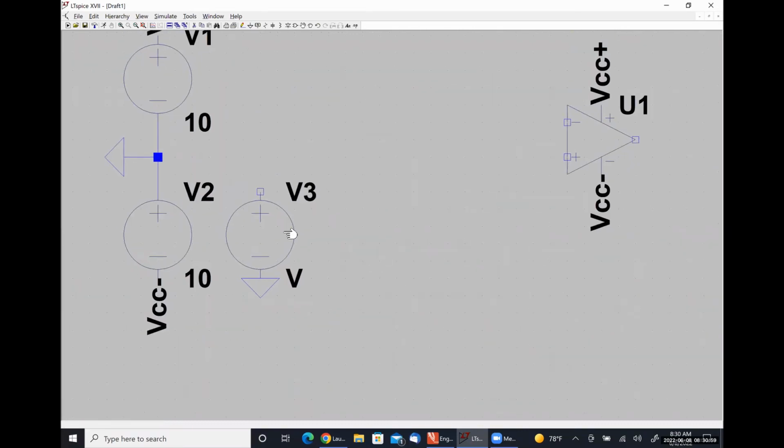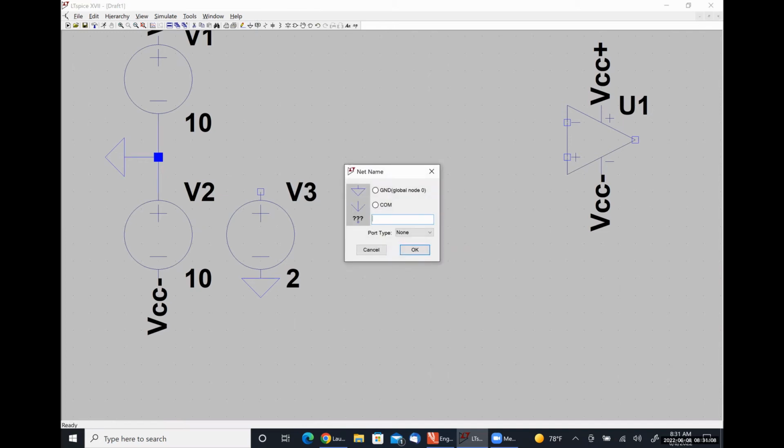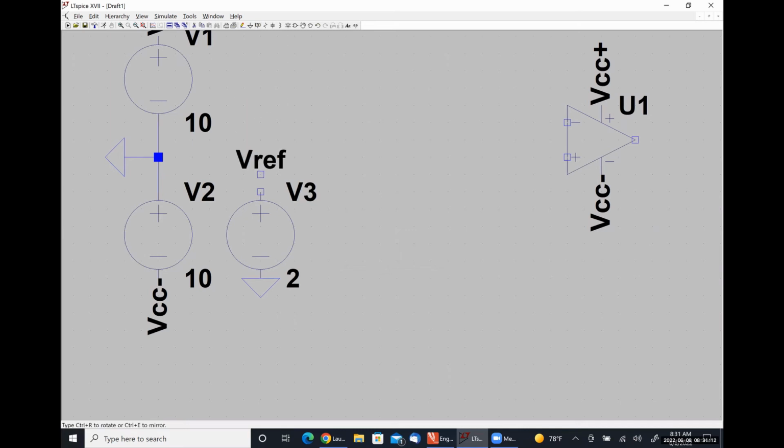My reference voltage was 2 volts, so I'm going to right click that voltage source and type in 2. Then I'm going to label this node as VREF. My reference voltage is applied to my inverting input node.